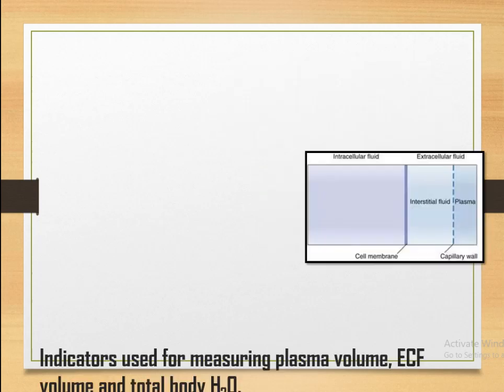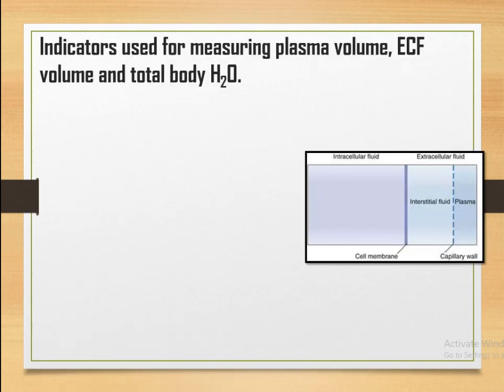So let's quickly go on and look at some of the indicators which are used to measure the plasma volume. Indicators used for measuring plasma volume, extracellular fluid volume, and total body water.